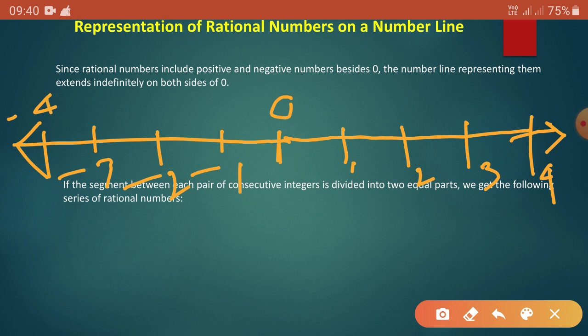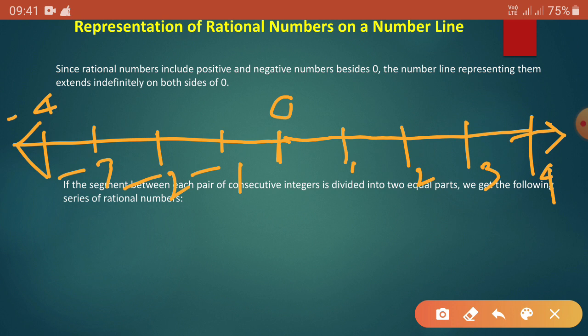As we know, rational numbers extend indefinitely on both sides of 0, so we are indefinitely extending the numbers using the same measurement. The same length will be for 0 to 1, 1 to 2, 2 to 3, and so on. Now, finding the rational numbers on the number line.